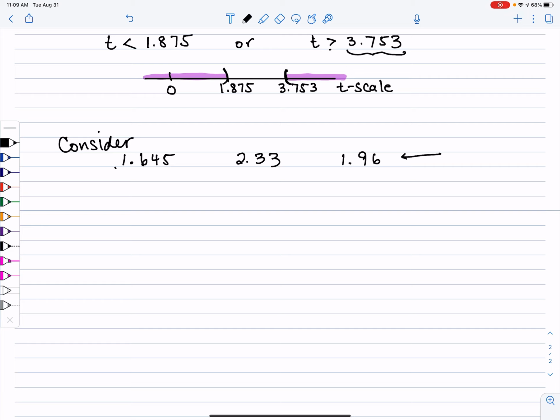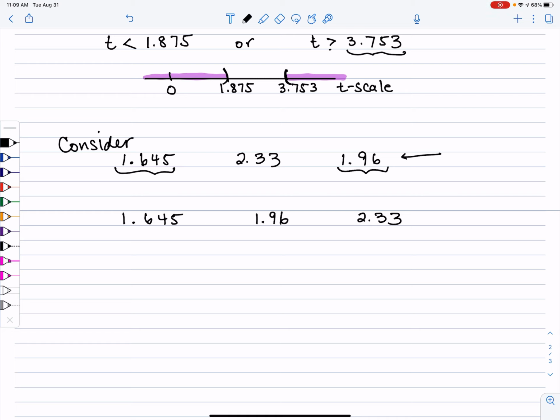From least to greatest, we have 1.645. Then we have 1.96. And then we have 2.33. So we have rearranged the numbers from least to greatest. And now let's include the inequality symbols.